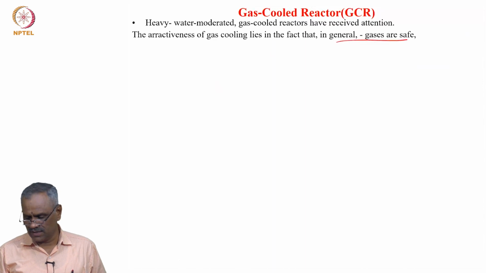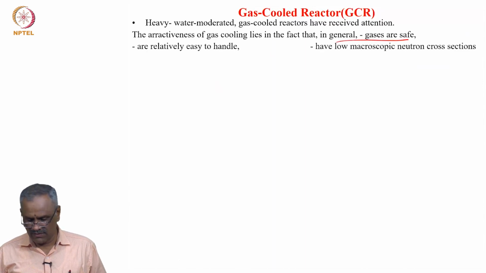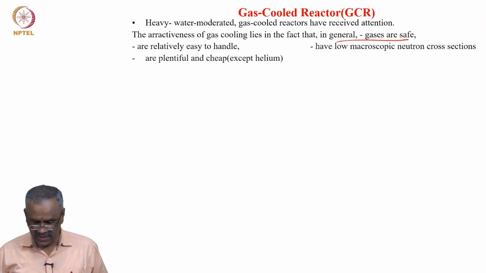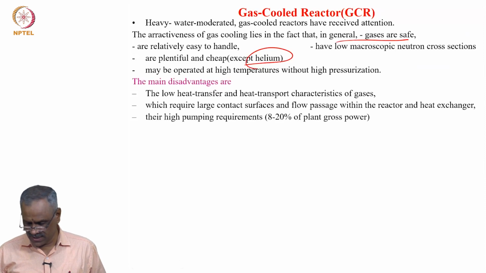In fact, gases are safer, that is why it is used, and they are relatively easy to handle. That means you are sending gas into the reactor, which, unlike water, has low microscopic neutron cross sections, and is plentiful and cheap, because except for helium other gases are cheaper, and may be operated at high temperature without high pressurization.